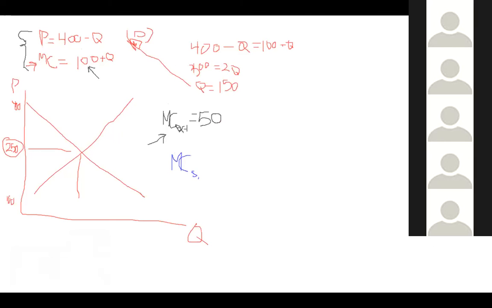We'll plug in the MC equals 100 plus Q. So sounds like you're saying set external cost equal to internal cost? Yeah. All right, so if we did that, that would suggest that internal cost is the same thing as external cost. But what we're trying to find is what are the costs to all of society.